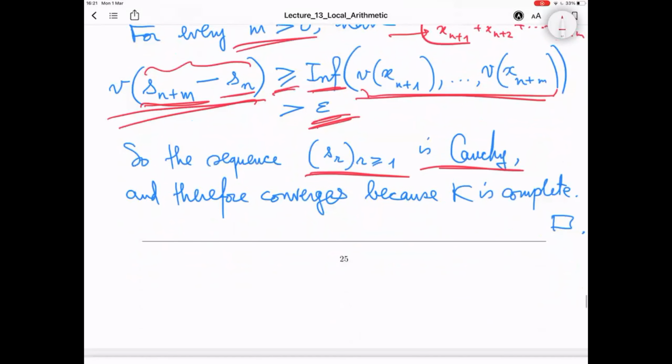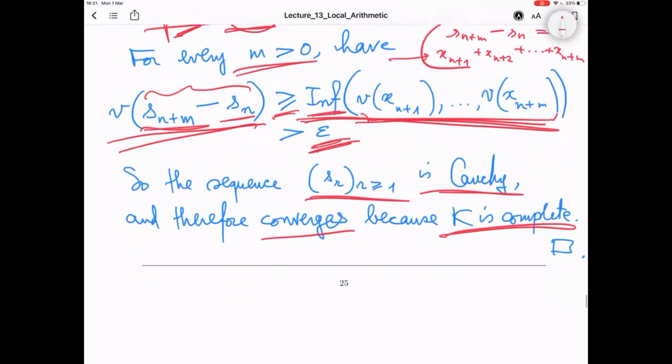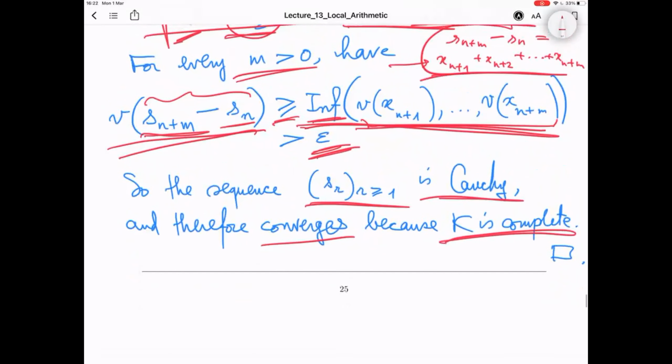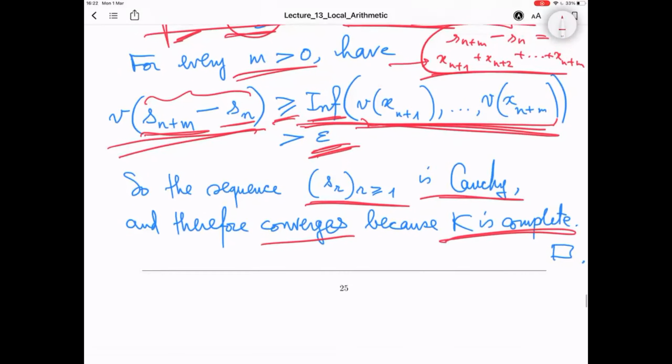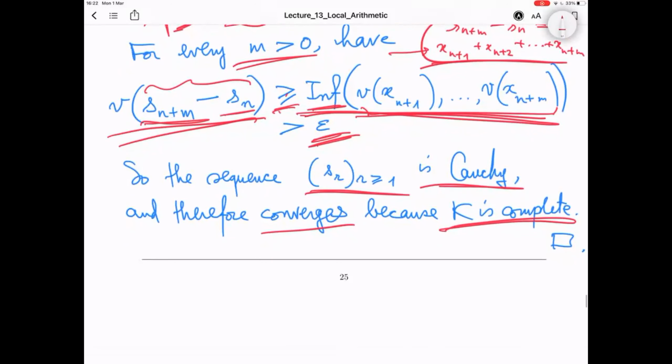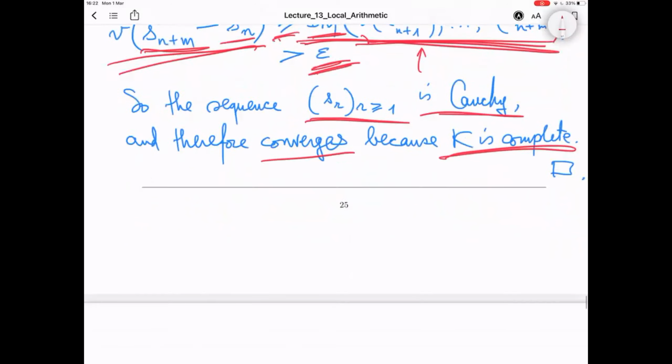And because K is complete, it converges. So it has been crucially used that the valuation of a sum is bigger than the infimum of the valuations of the terms.